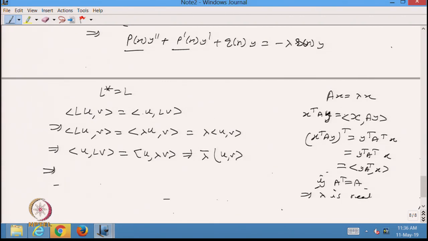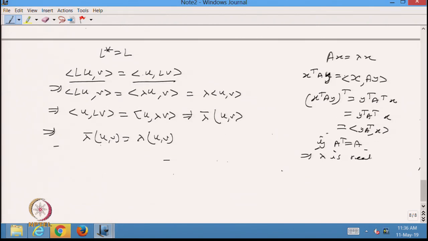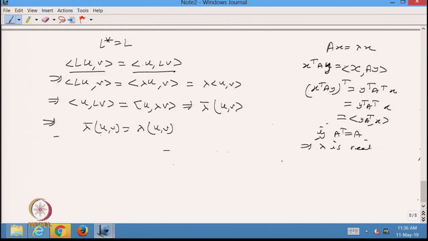From this relation, I can say that the inner product of Lu and v is equal to lambda times the inner product of u and v, and this is lambda bar, the conjugate of lambda, because we still do not know whether lambda is real or complex. I am just applying the properties of the inner product. So I can take lambda bar minus lambda times the inner product uv equal to 0.